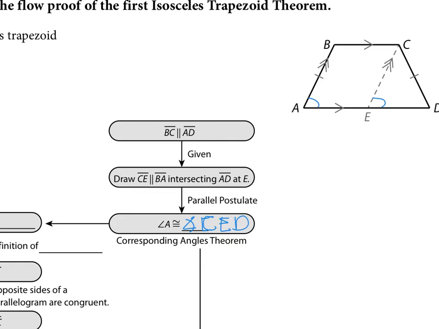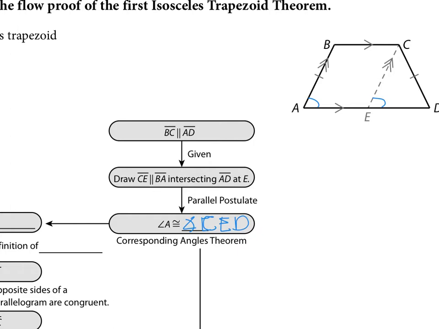And then as soon as we have those angles written in as corresponding, we know that ABCE is a parallelogram by the definition of parallelogram that allows us to have opposite angles congruent.